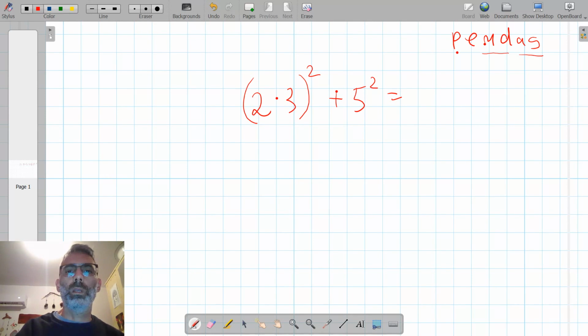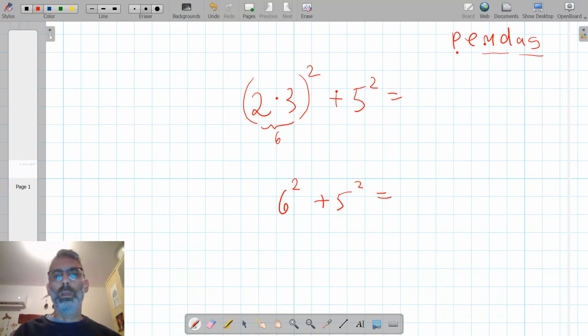So first I evaluate the parentheses, which is 6. Okay, so 6 squared plus 5 squared. So parentheses first, then exponents. 6 squared is 36, plus 5 squared is 25.